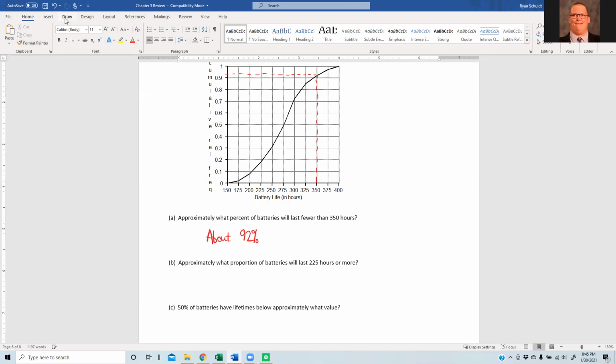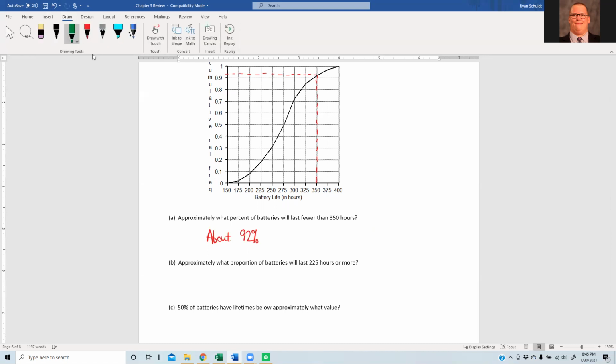Okay, next one. Approximately what proportion of batteries will last 225 hours or more? So let's find 225 on the graph. Remember, this graph will tell us 225 or less.